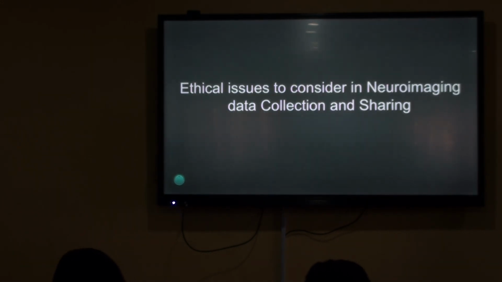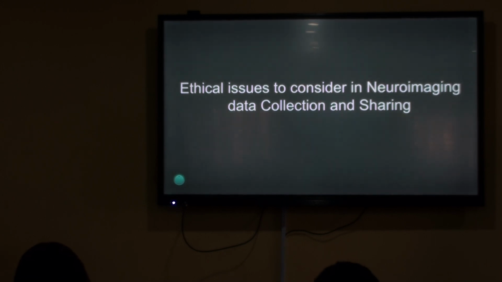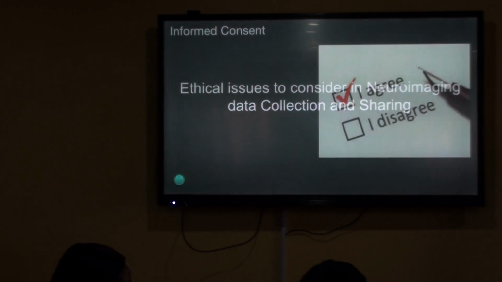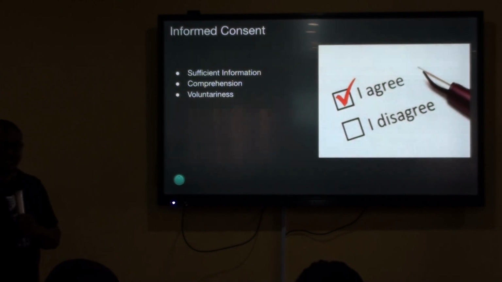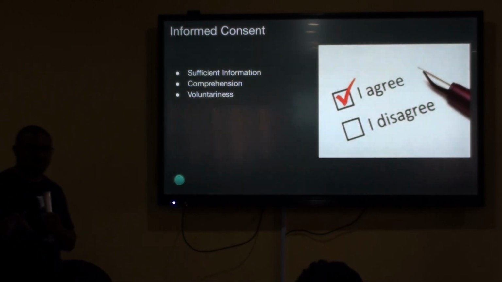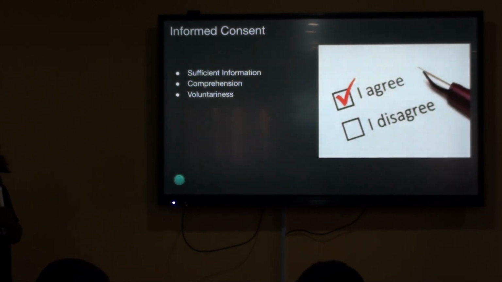So what are the ethical issues to consider in neuroimaging data collection and sharing? And I know you were talking about informed consent earlier today. That is very important. But informed consent can only be informed consent if there are 3 elements involved in it, including clinical EEG, right? Informed consent issues are ethical issues, right? And you have to think about the 3 things that make up informed consent.